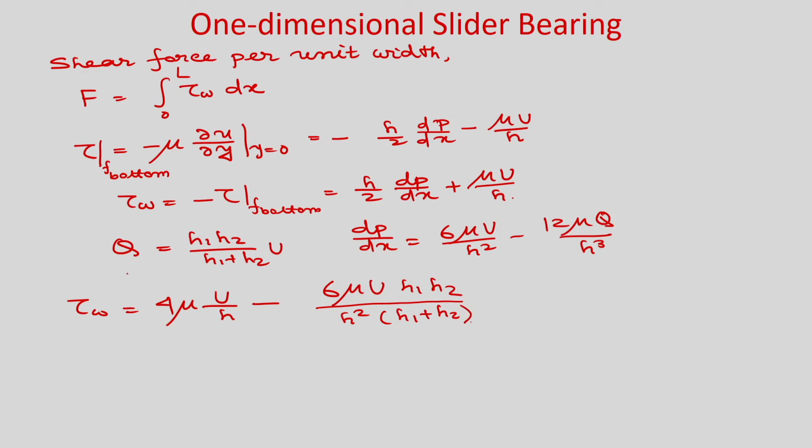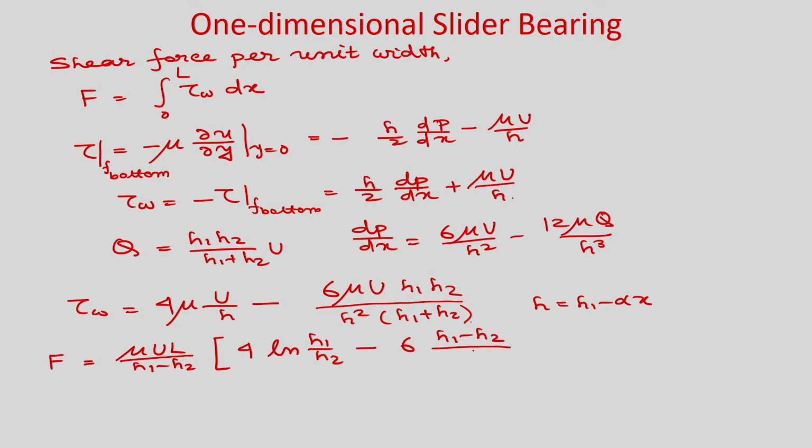Now if you put it here and integrate, obviously you know that H is H1 minus alpha x. So, finally you will get the shear force per unit width F as mu u L divided by H1 minus H2 times 4 ln H1 by H2 minus 6 H1 minus H2 divided by H1 plus H2.